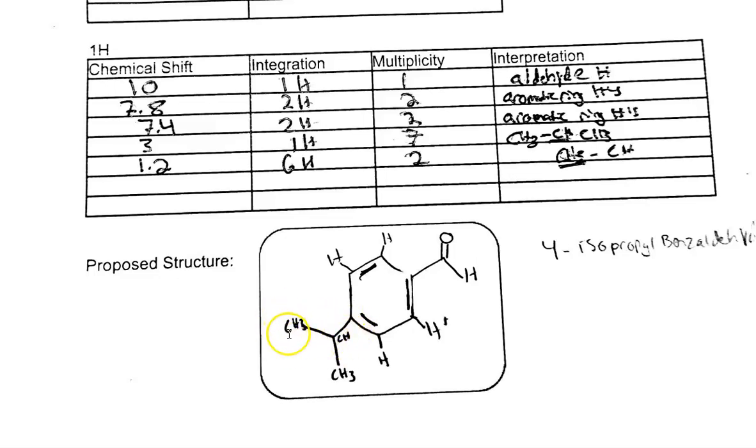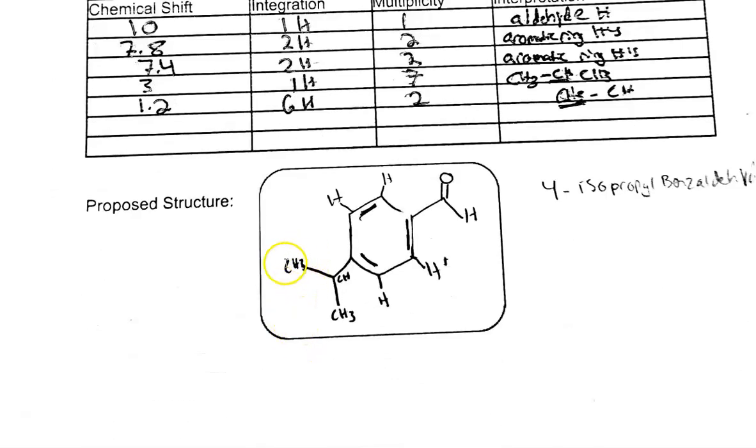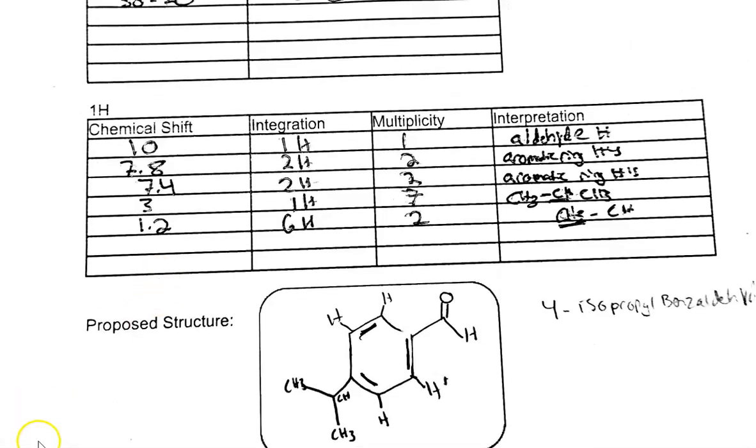And then these are the 2 identical CH3s that came up as 6 hydrogens bound to the CH. So my proposed structure is this 4-isopropyl benzaldehyde. And that's it. Thank you.